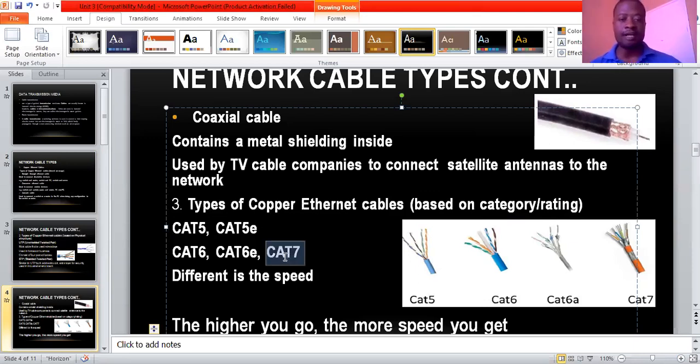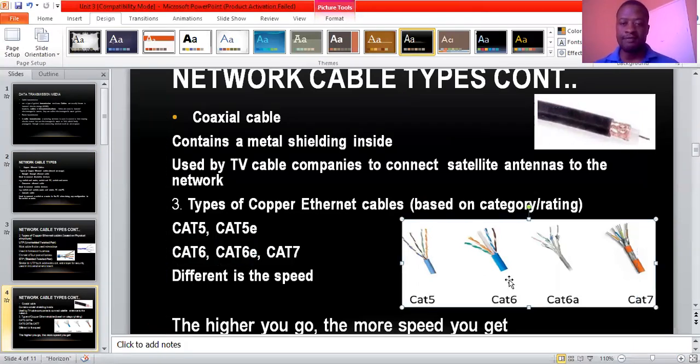All these cables are used based on their category, and as they are listed here, they have different speeds. So Cat 5 is slower than Cat 5E, and Cat 5 is slower than Cat 7. If you opt to use Cat 5, then definitely the speed of your network is going to be low compared to when you use Cat 7.